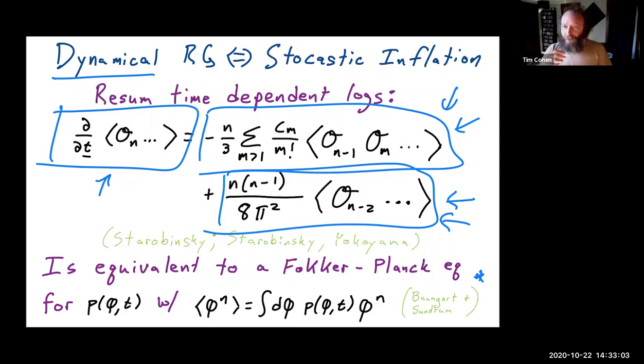And so that's actually the most active area of progress we're making right now, with Dan and Akil, who I mentioned, and a postdoc at UCSD. We're actually trying to calculate, in just lambda phi to the fourth theory, the next order corrections to this equation. So that's in progress, so stay tuned. In some number of months, we'll be putting out a paper where we're going to claim to at least understand the next leading order corrections to this equation.